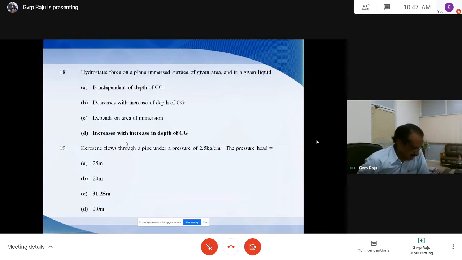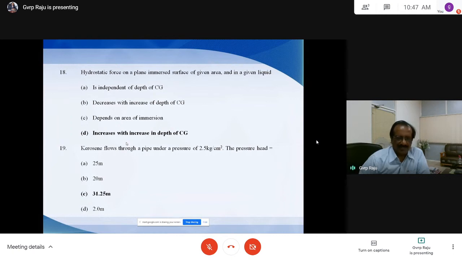18th question. Hydrostatic force on a plane surface immersed in a given liquid. For example, take any surface which is immersed in liquid. The force equation is W A x bar.